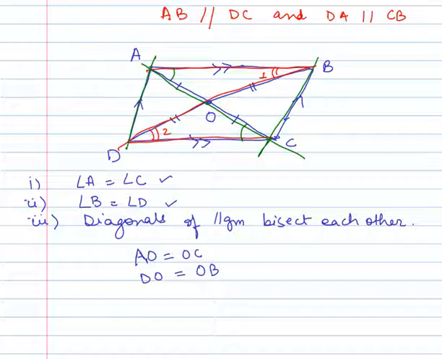These are also alternate angles. Also 1 is equal to 2, 3 is equal to 4. For these two, this angle is also equal to this angle.